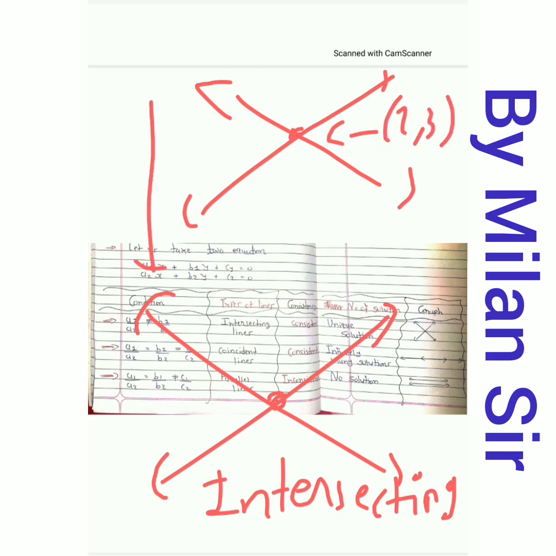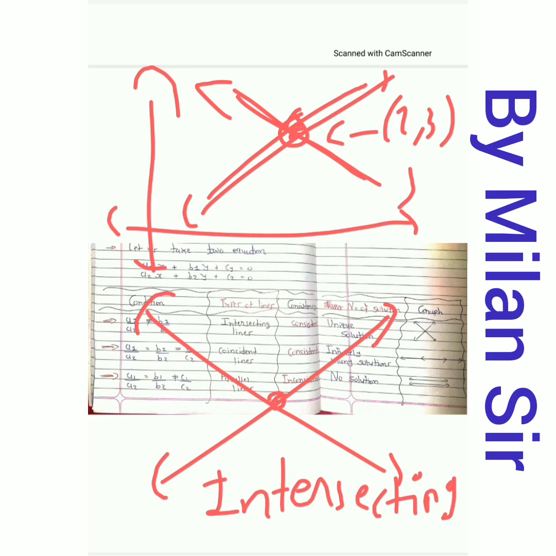Here we have a graph with x and y axes. Then the solution means the intersection point of two lines, because this point (2, 3) lies on the first line and also lies on the second line. This point lies on both lines, so this point can solve both equations. That's why it is the solution of the linear equations.